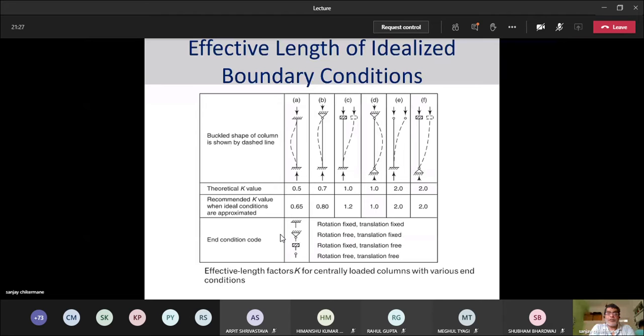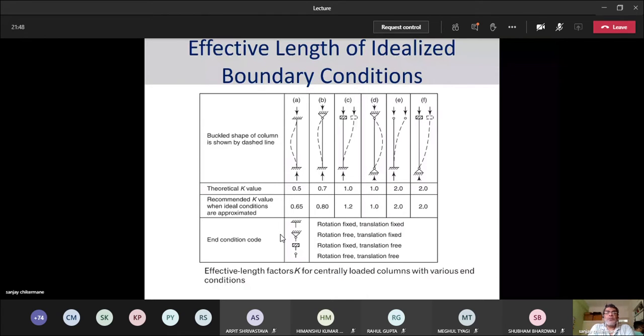And why do we take a recommended value different from the theoretical value? You always take a recommended value different from the theoretical value whenever you're looking at a fixed condition, because in reality there is nothing like a perfectly fixed condition.